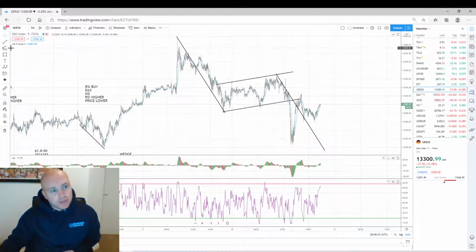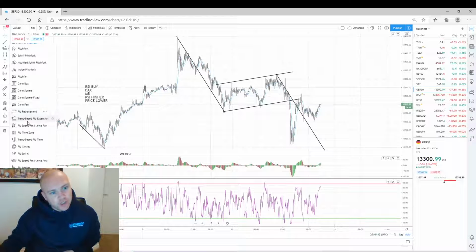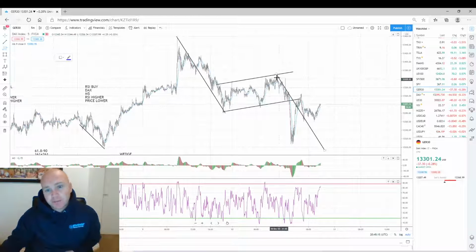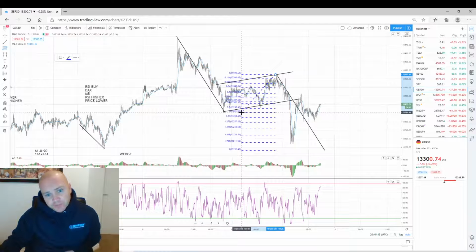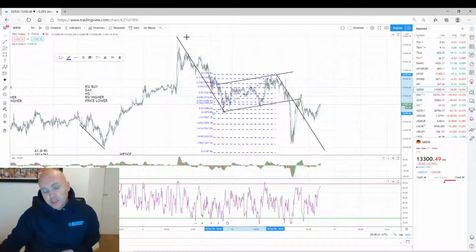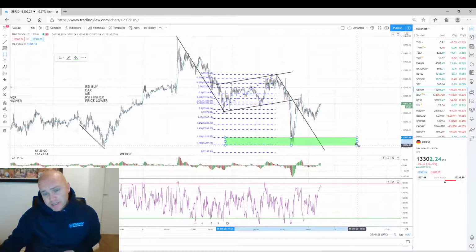The other way, which obviously I'm a fan of, is using Fibonacci. Putting the 0 here, the 100 to the bottom. If we don't know that that's a wave 1 yet, we'll call it a wave 1, or an A. This is a 2, or a B, and this is a 3 or a C at this stage. The target which you're looking for is quite simply 1.618 to the 1.78.